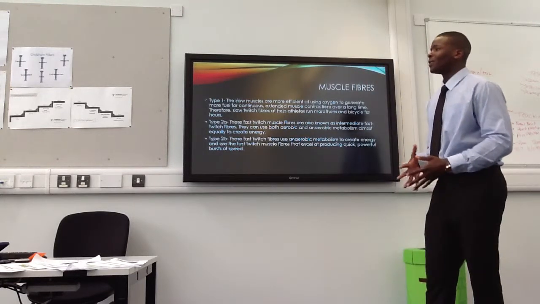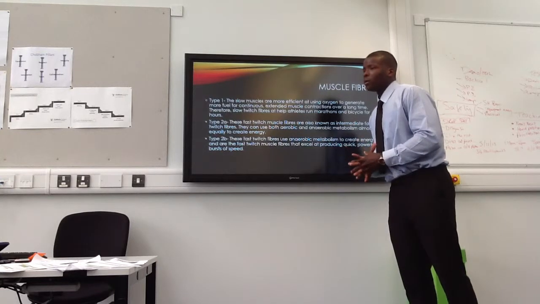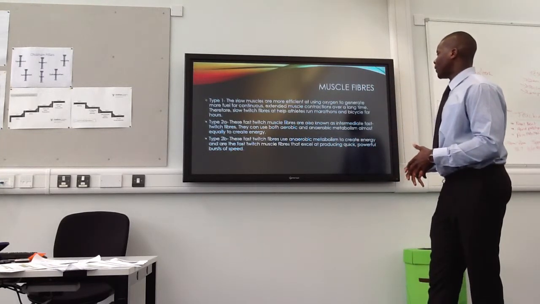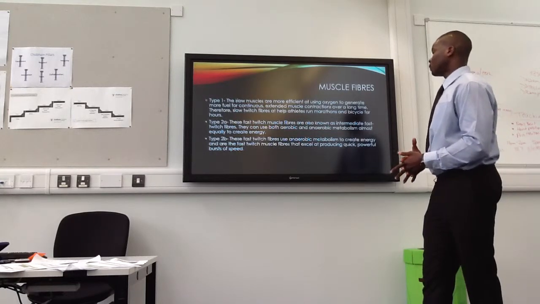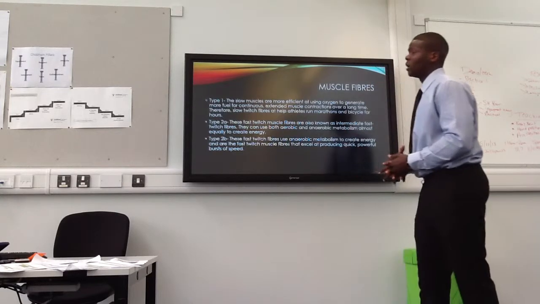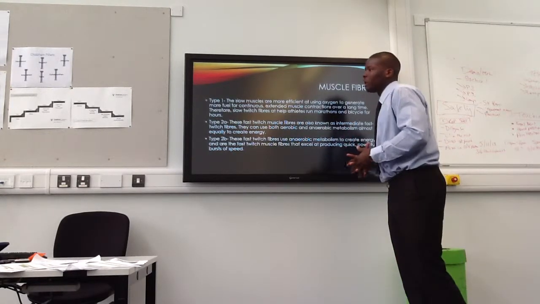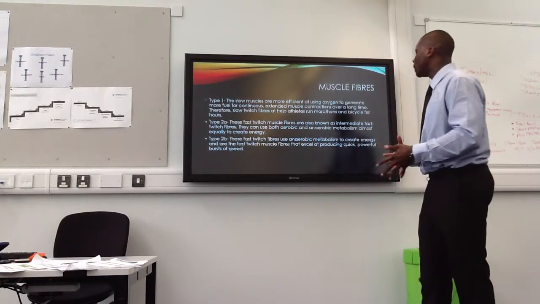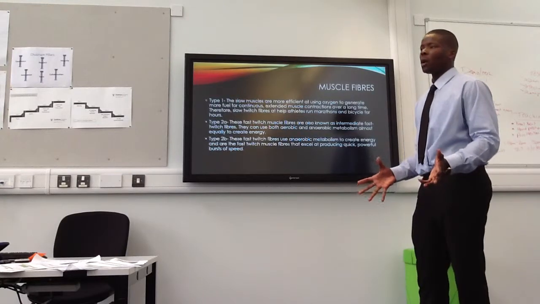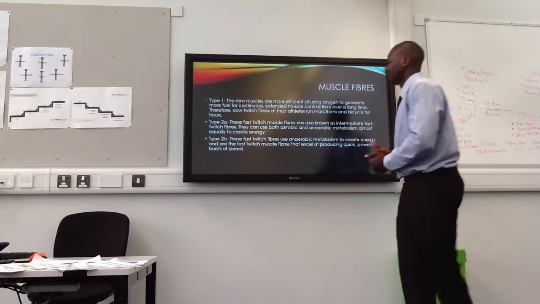Two examples would be a goalkeeper, who will sometimes use anaerobic metabolism, and a 400-meter or 100-meter runner. It's about reaction time, and it can be used aerobically and anaerobically, because a goalkeeper needs to react to a shot in football, and a 100-meter sprinter needs to react to the starting gun.